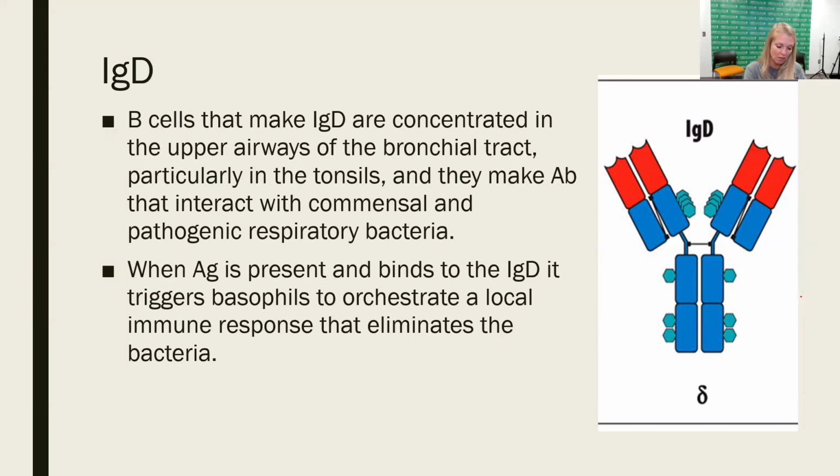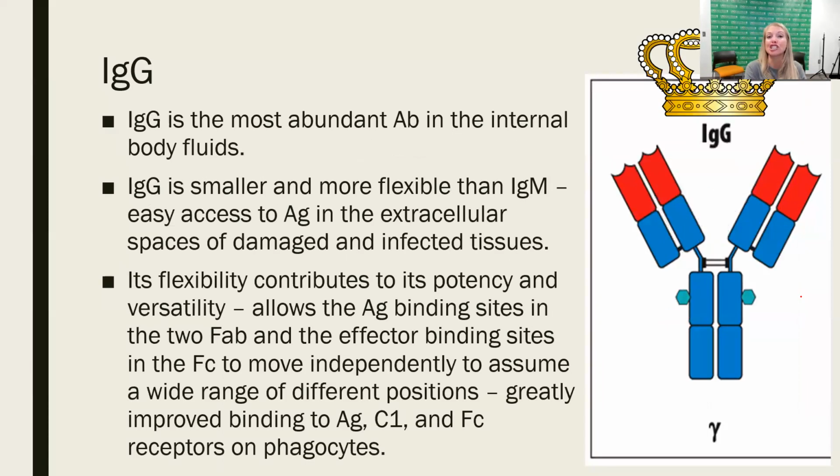There are some thoughts that it interacts with basophils, and maybe has a role there, but largely with IgD, no one really talks about it beyond it being one of the first ones made and being the B cell receptor.